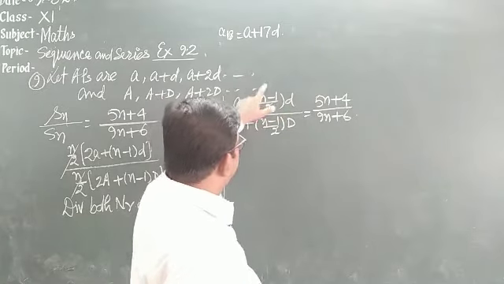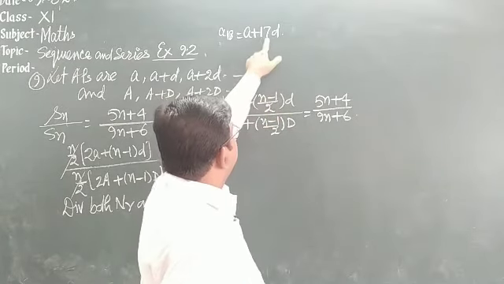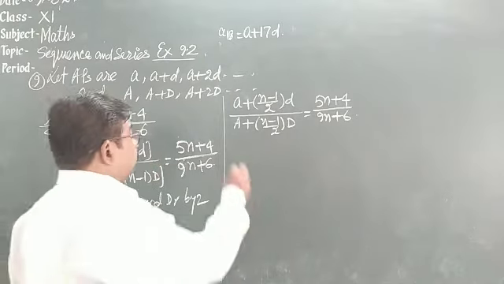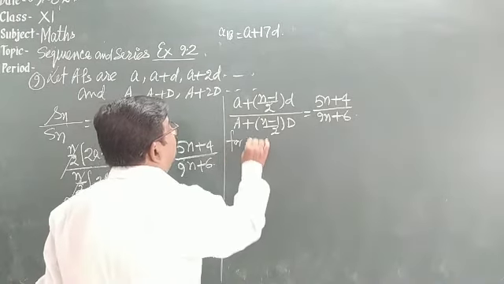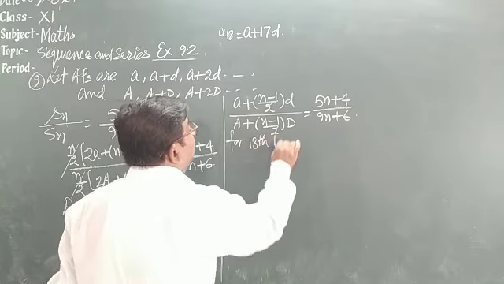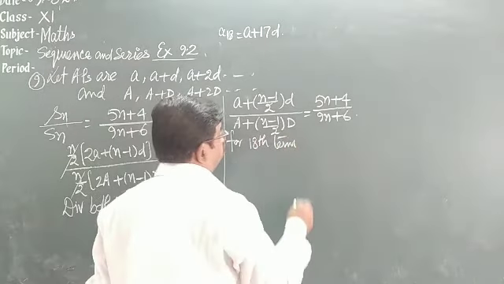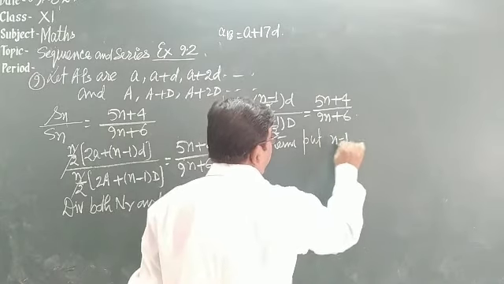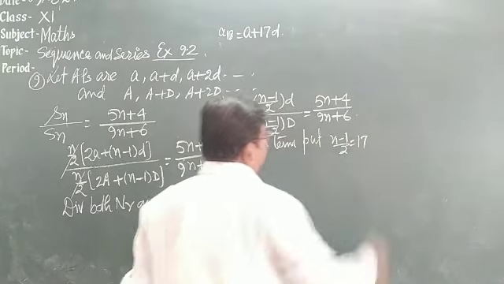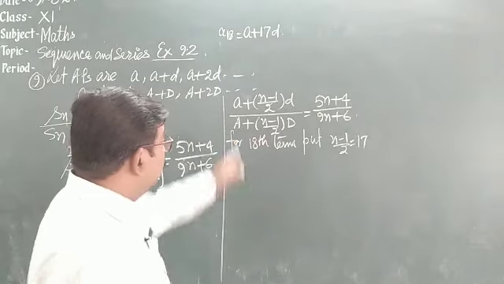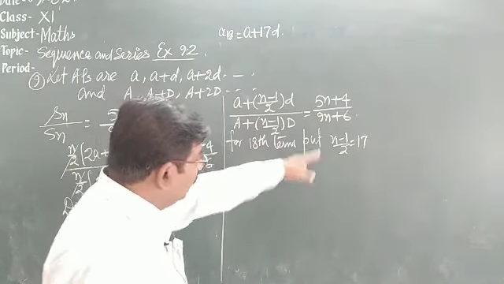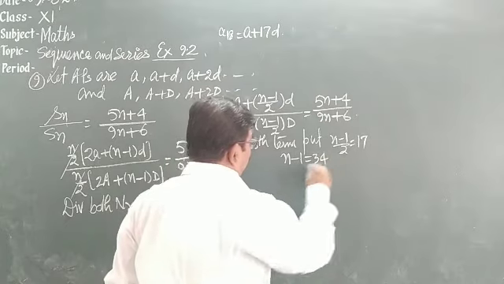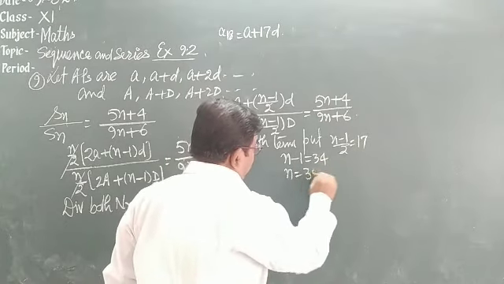In place of n minus 1 upon 2 into D, what is this? 17. So put 17 for the 18th term, put n minus 1 upon 2 is equal to 17. Let's write. So we write the value of n minus 1 is equal to 34. So n is equal to 35.